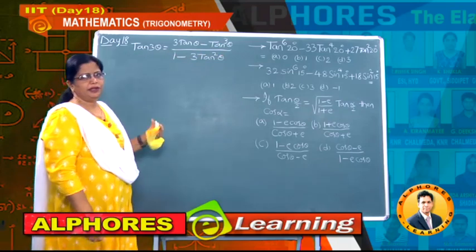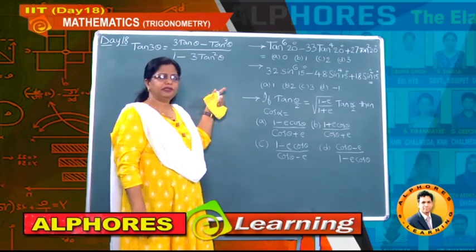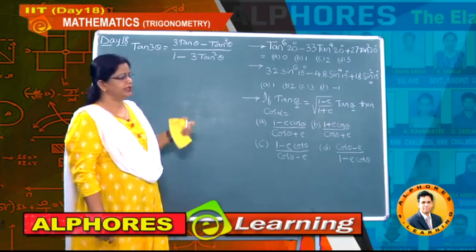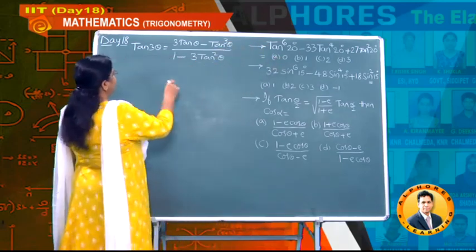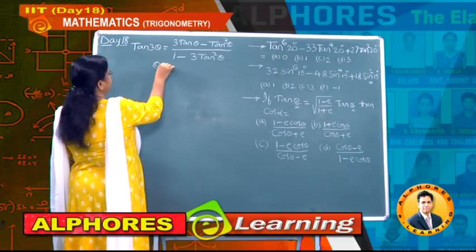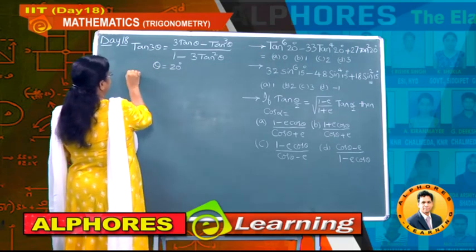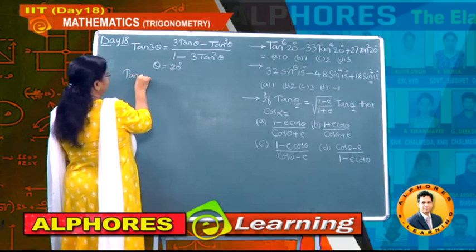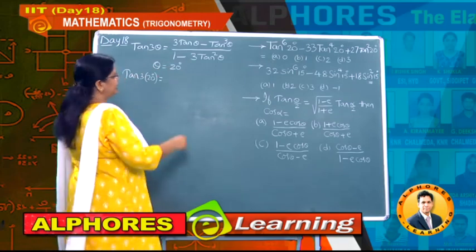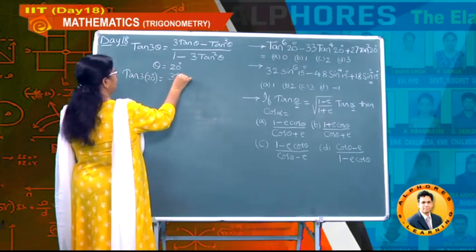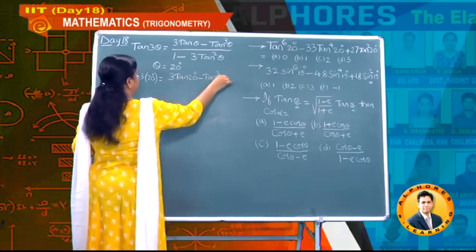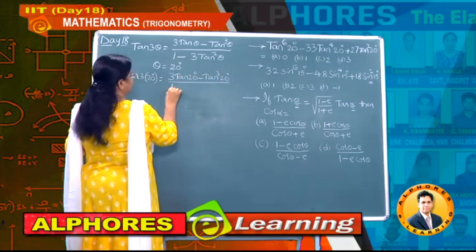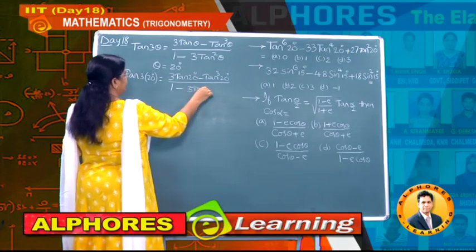Okay students, now in this formula we substitute theta equal to 20 degrees, because the total problem is in terms of 20. Wherever theta is there, we put 20 degrees, so tan 3 into 20 degrees equals 3 tan 20 degrees minus tan cube 20 degrees, whole divided by the denominator 1 minus 3 tan square 20 degrees.